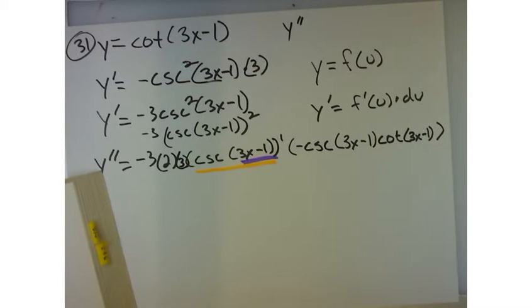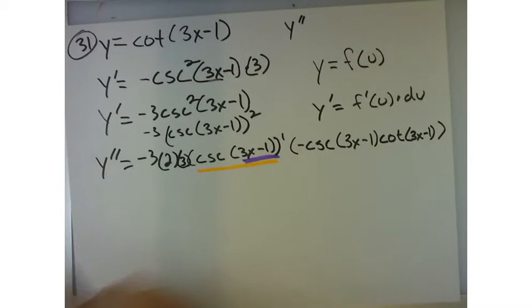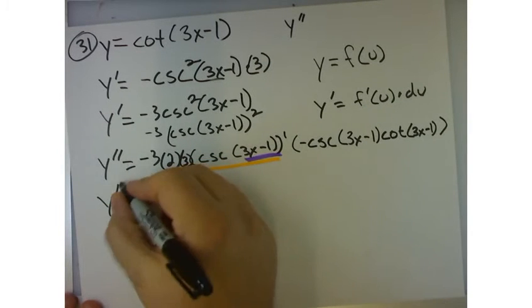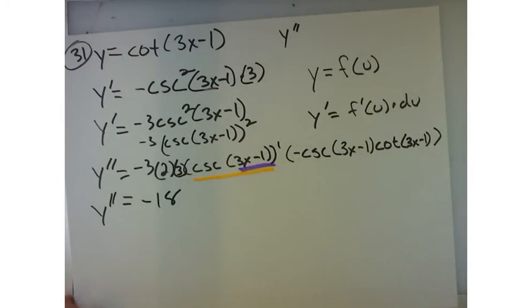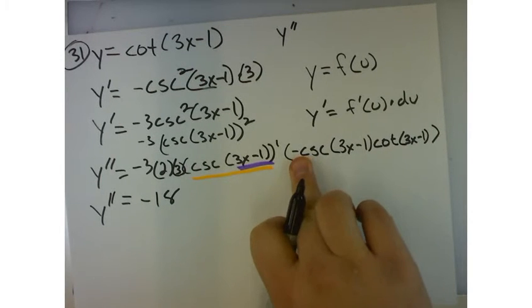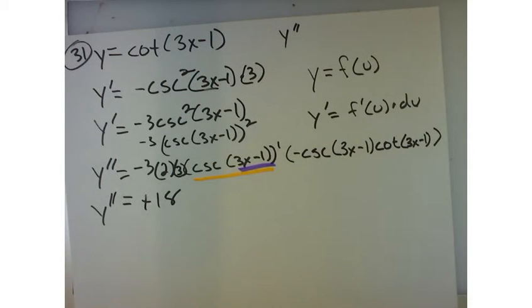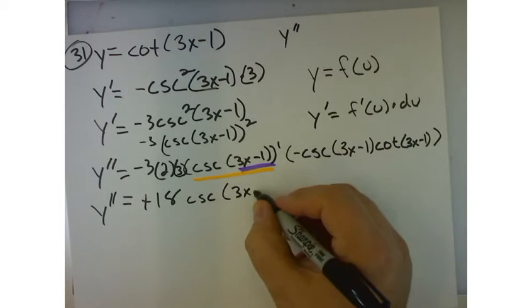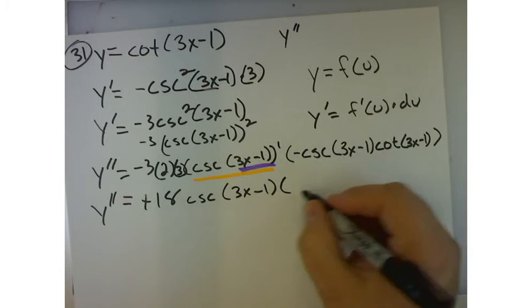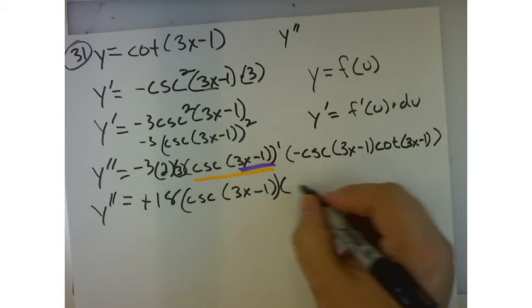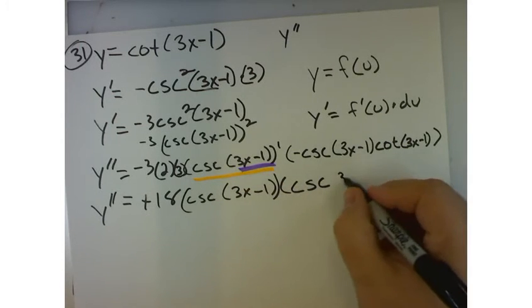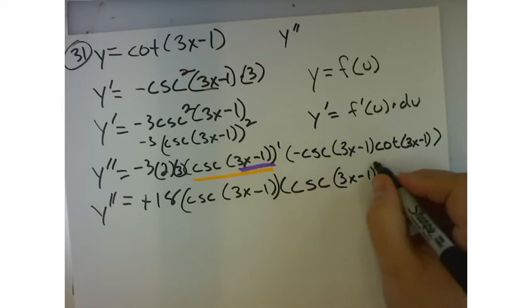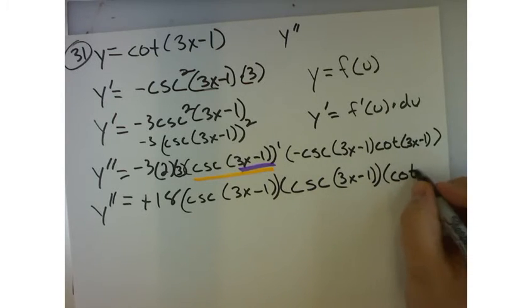Okay, so I've got negative 3 times 2 times negative 3, which is negative 18. But then I have this negative sign here, which will make that a positive 18. And then I have cosecant 3x minus 1 times cosecant 3x minus 1 times cotangent 3x minus 1.